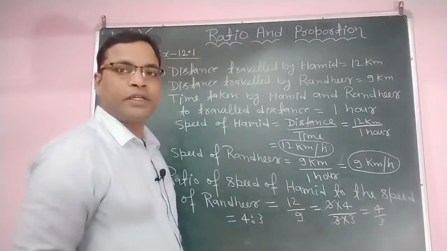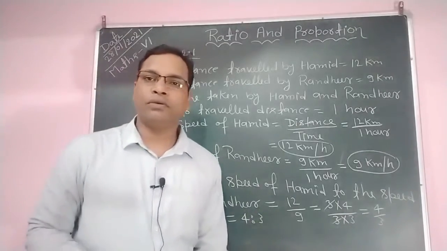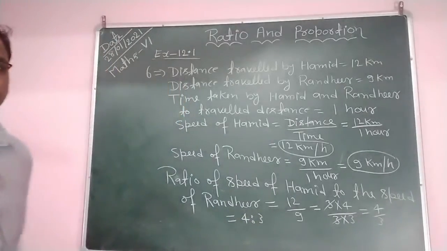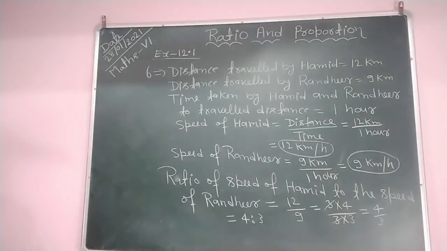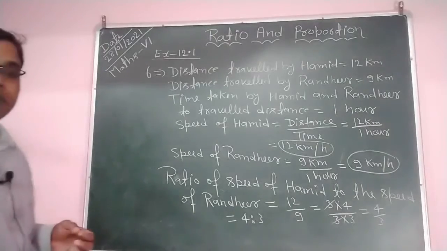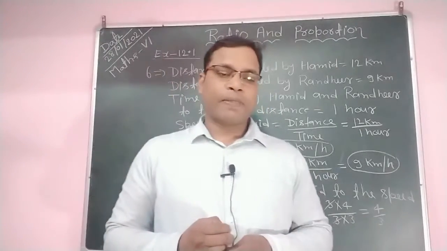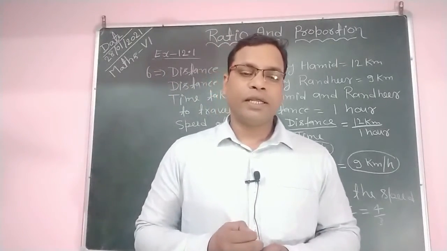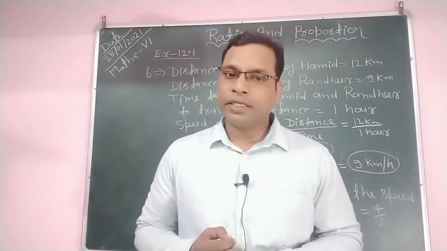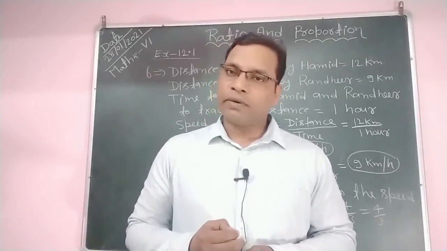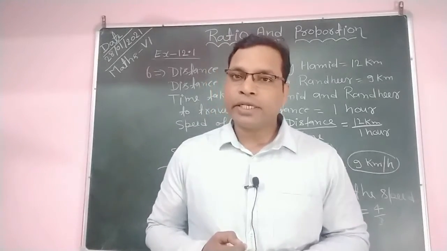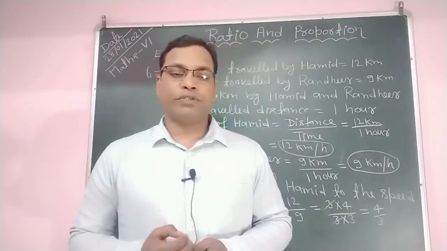This is clear? So students, I hope all of you understood this question. Students, in this question it is given that the distance traveled by Hamid and Randhir in an hour is 12 km and 9 km respectively.